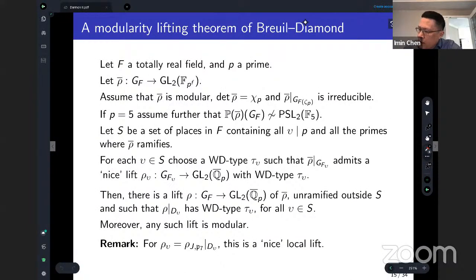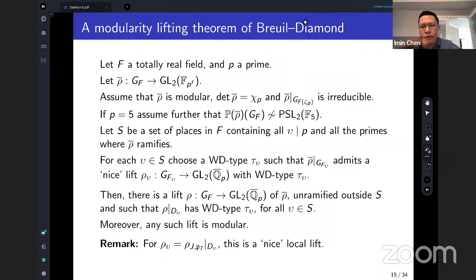And so let me talk about a rather general modularity lifting theorem of Billerey and Darmon. And again, this will be used not only to show modularity of Kraus's Frey abelian variety, but also to give a refined level lowering result.